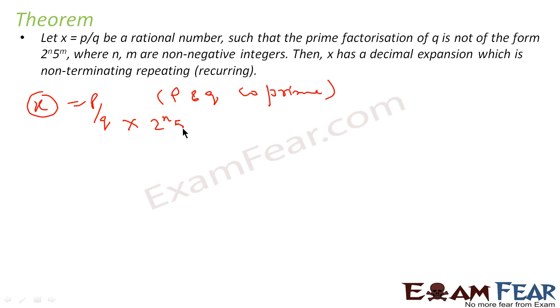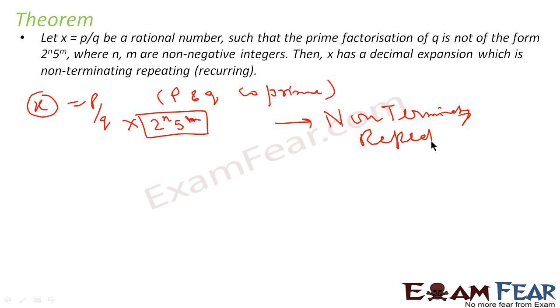If q is not a factor of 2 and 5, that means some other number also, then it will always be non-terminating repeating. Please note, it is always non-terminating repeating.